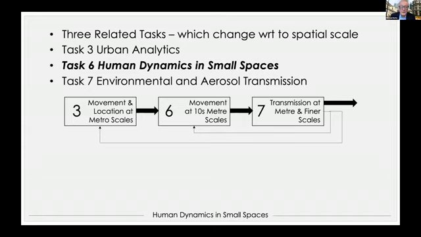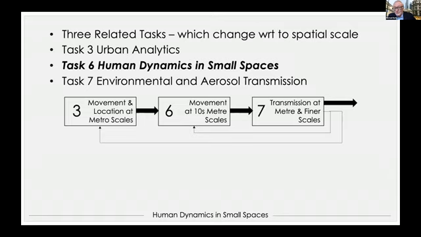It was also pushing down towards the micro, and then down to movement at a much finer scale, the scale of buildings, or complexes of buildings like shopping centres, rail stations and so on. And that's what the human dynamics in small spaces work is all about.